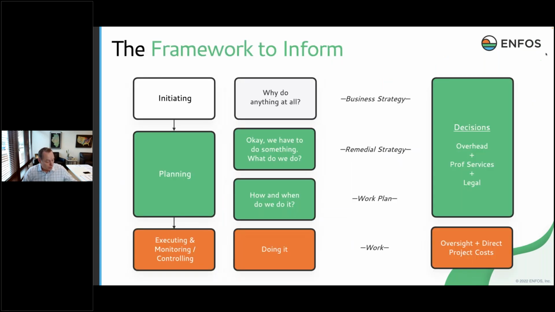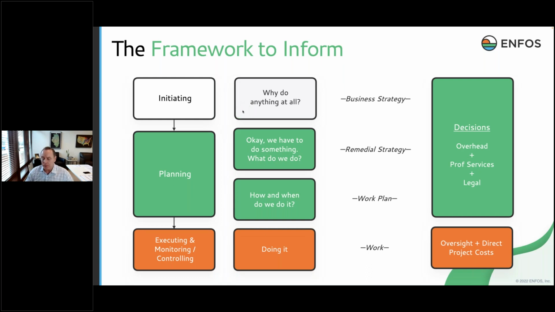Okay, further on that strategy, I wanted to talk about this framework to inform. So over here, you see that we have those same categories: initiating, planning, executing, and then monitoring and controlling. And when you really break those elements down to their essence, the initiating projects is why do anything at all, right?